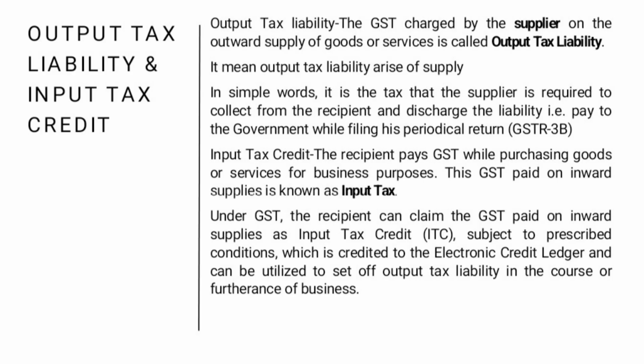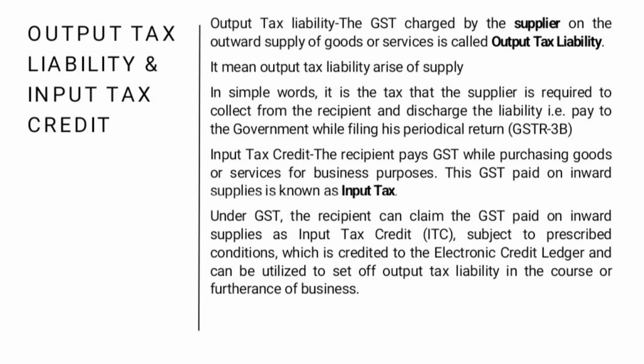Who sells? Whatever he collects from the recipient, that is the output tax liability for him, and he discharges the liability. It means output tax liability arises on supply. In simple words, it is the tax that the supplier is required to collect from the recipient and discharge, that is pay to the government, while filing his periodical return, GSTR-3B. Simple thing.